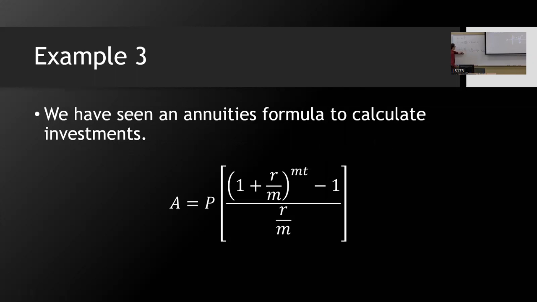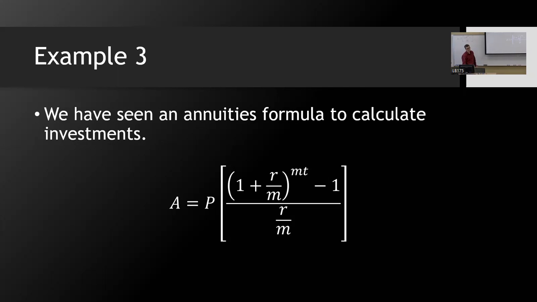Now, lastly, we've seen this formula before, and this one was given to us. Obviously, we looked at how it was derived, but it's basically a formula for calculating the amount of annuities, and we've used it before.